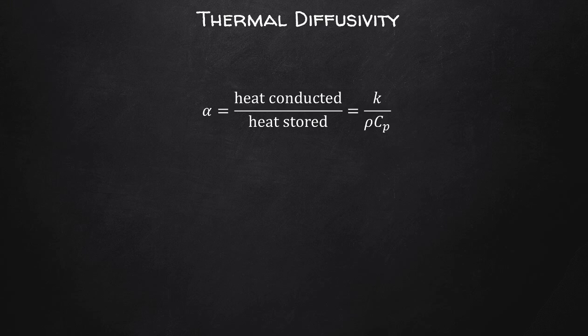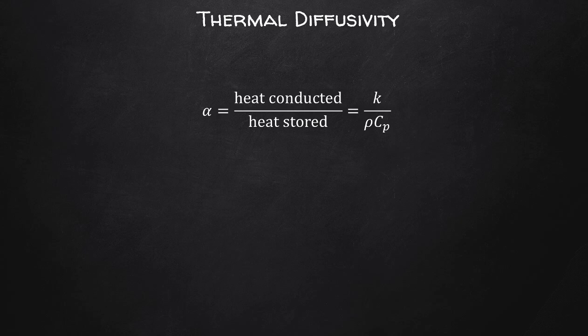And so the heat being transferred is looked at versus the heat being stored by the substance. And this is equal to the thermal conductivity divided by the density multiplied by its heat capacity. Okay, so what are the units for thermal diffusivity? Quickly figure them out and decide for yourself which other physical properties of substances have similar or the same units.